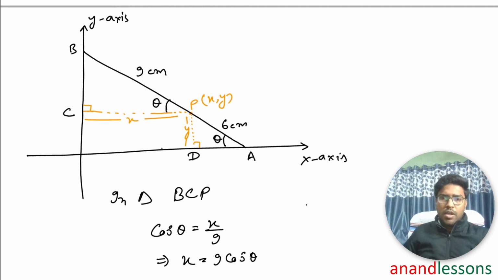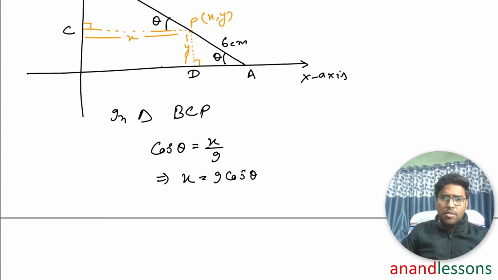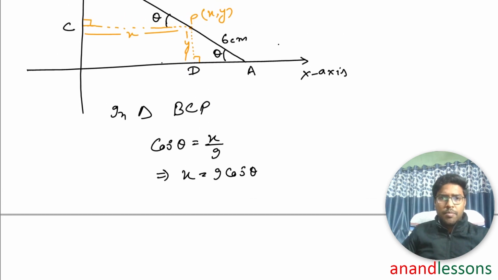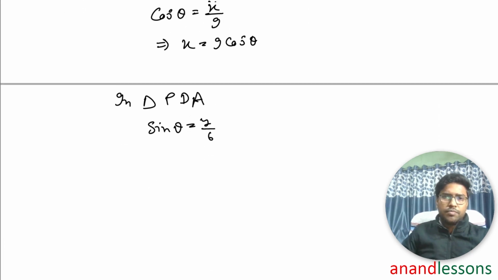Okay, and now in the triangle PDA, sin theta will be y by 6, because this is theta, so this will be the perpendicular and this will be the hypotenuse, so sin theta will be y by 6. Now y should be 6 sin theta.